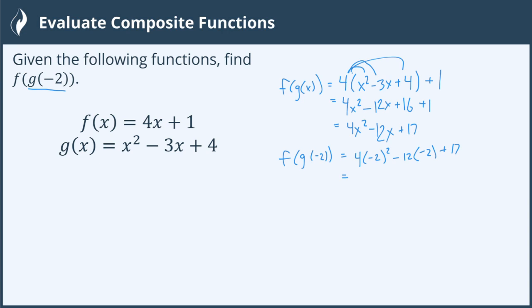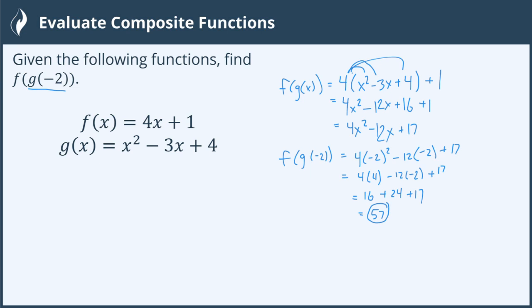I first need to do negative 2 squared, which is 4. Then I can jump into my multiplication. So I get 4 times 4 is 16, minus 12 times negative 2 is plus 24, and then plus 17. So go ahead and add those together, and you should get 57.